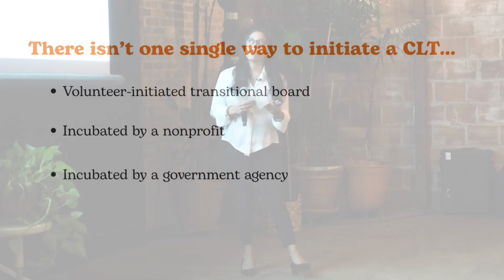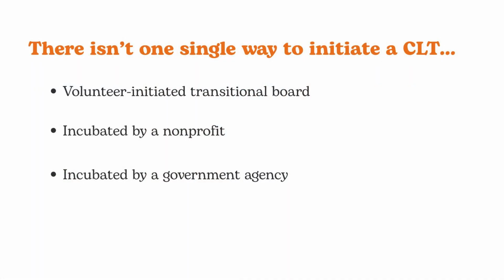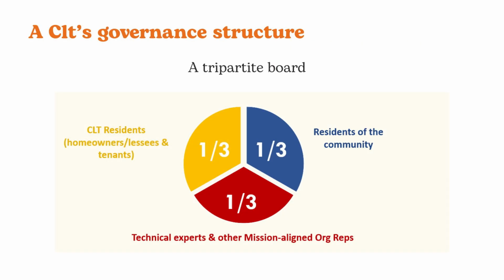The first one is a volunteer-initiated transitional board. So a group of people who really care about community, who really care about housing, who really care about equitable access to housing, come together and agree to create a transitional board. Typically, it tends to be made up of residents of the community and technical experts, in my experience.